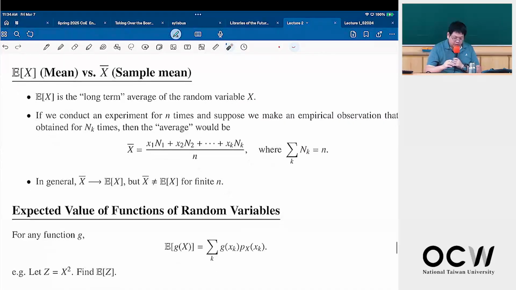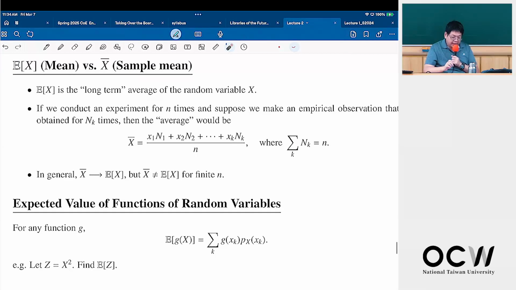So next, even though we haven't talked about the functions of random variables, we first learn the expected value of a function of random variables, because we'll use that a lot. If I have a function g, then the expectation of g of x, also for the expectation, we consider all possible function of outcomes times their corresponding weightings.